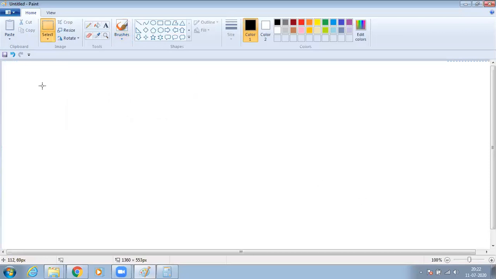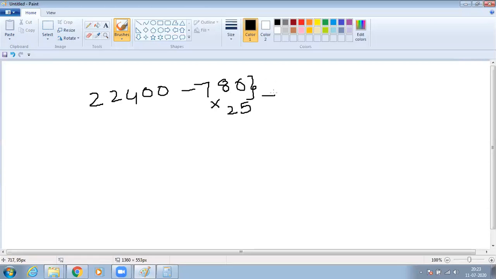So when will you get loss? 22,400 you have purchased for 780 rupees. 780 into 25 you have paid to whom?